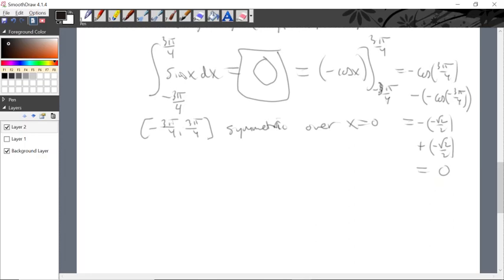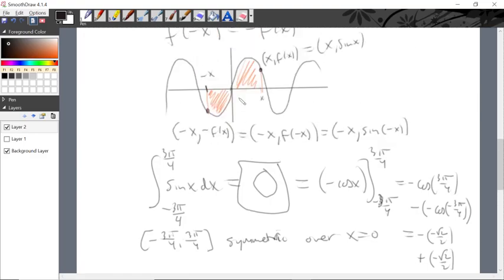So this is a shortcut. If we notice that we have an odd function in the integrand, and if we are integrating over an interval that is symmetric over 0, then the output would always be 0. And we can see that geometrically by doing a sketch of an odd function.